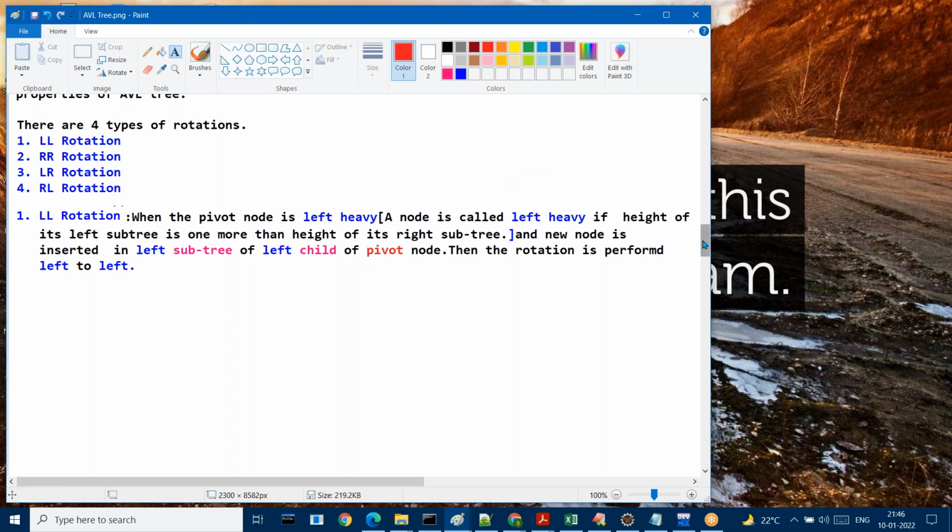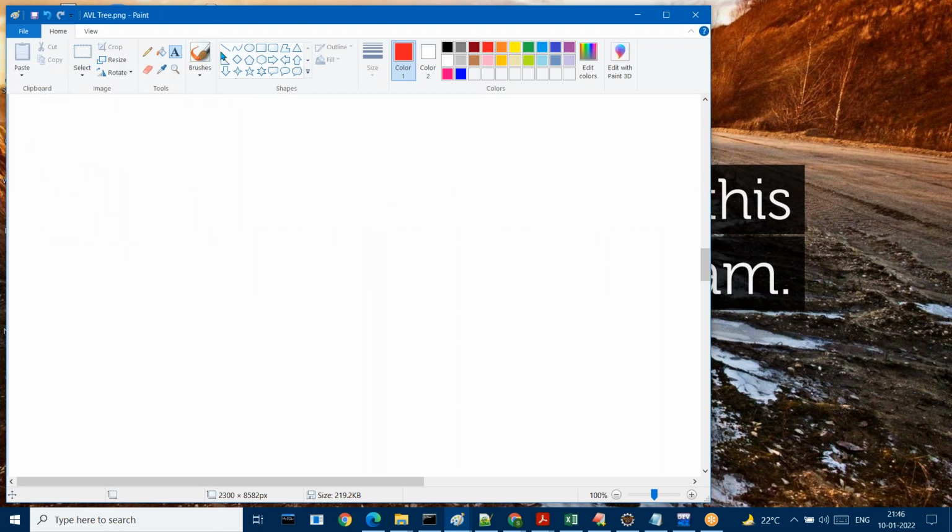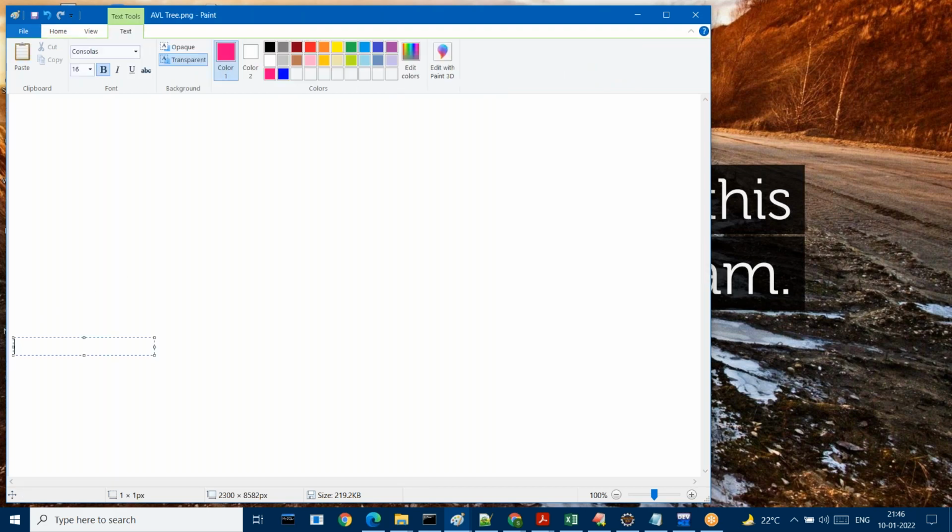Let's see, can we put an example where this is RL. Okay, this much space is enough. Let's take an example here.